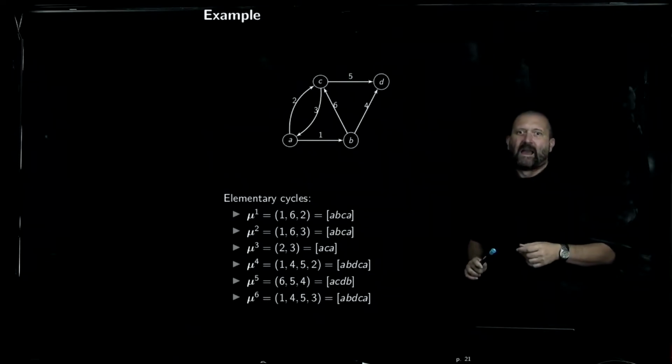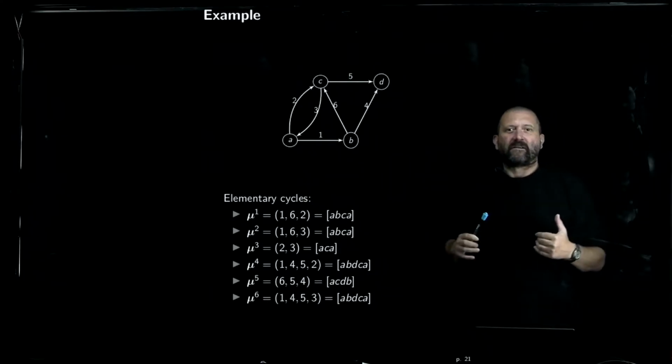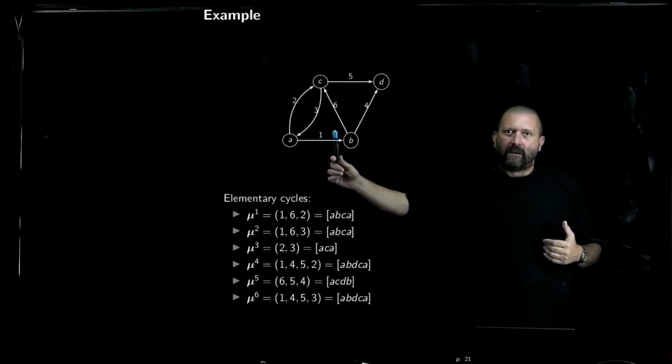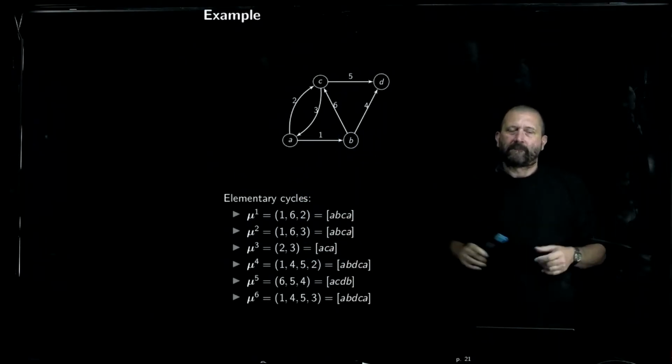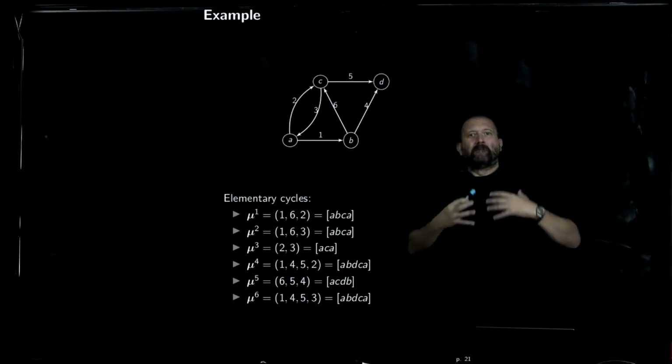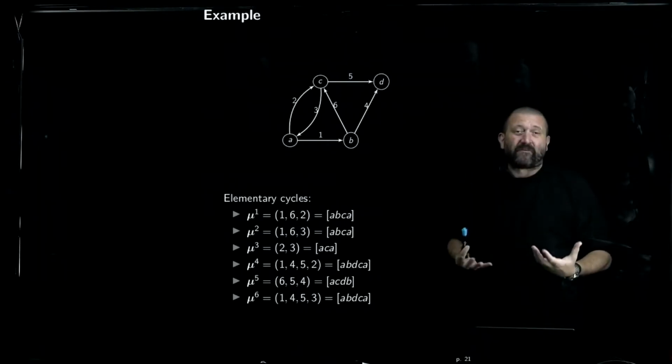And the last elementary cycle that we have is this one that goes A, C, D, B. Okay? So these are the elementary cycles here.